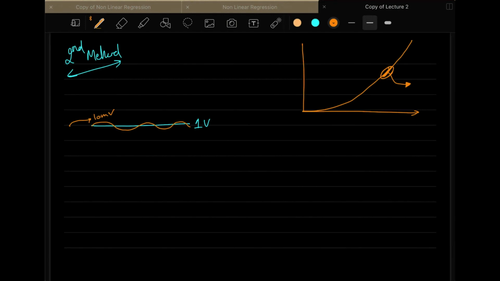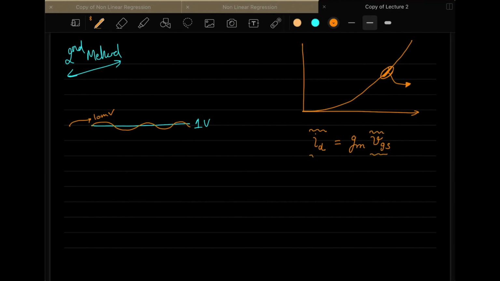So can we use something here to calculate the change in the current easily? Yes, we can do it very easily. You know that the small signal change in the current ID is related to gm times vgs, which is the small change in the VGS. Everybody agrees with this?